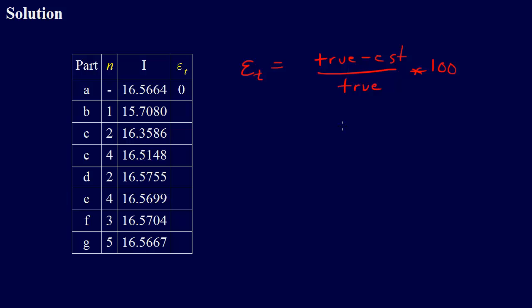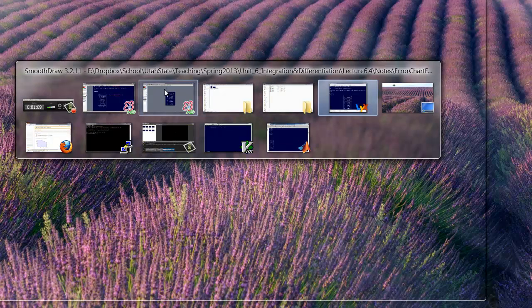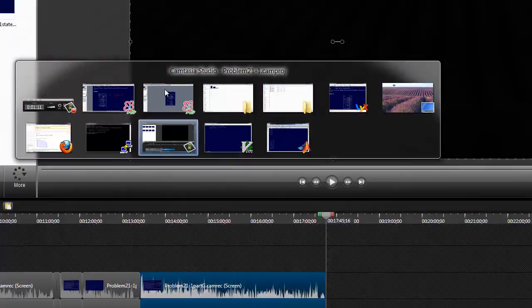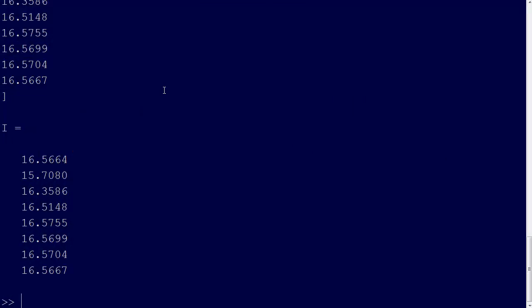All right, and so I've got an I here, so this I stands for the integral estimate. So I went ahead as well, and I keyed them into MATLAB. So here's all the integrals, and I even included the first one in here because there's no reason why not.